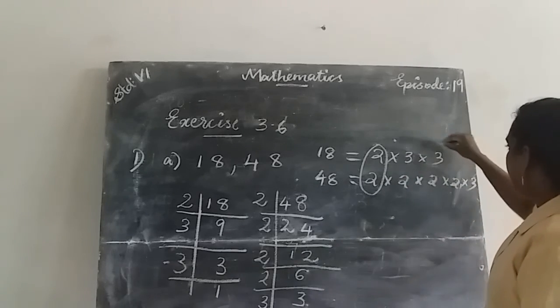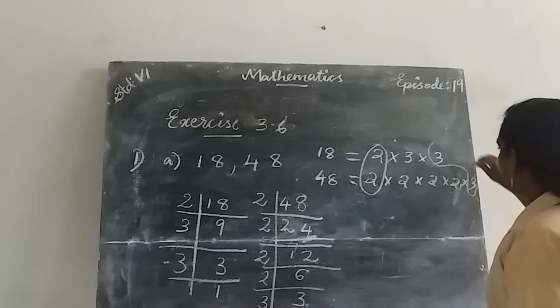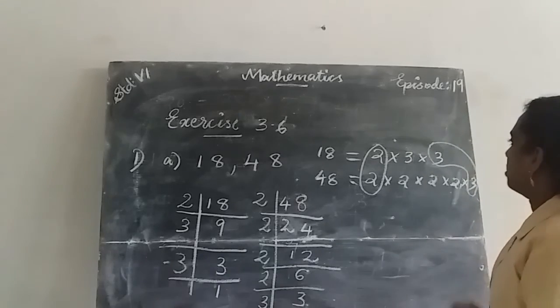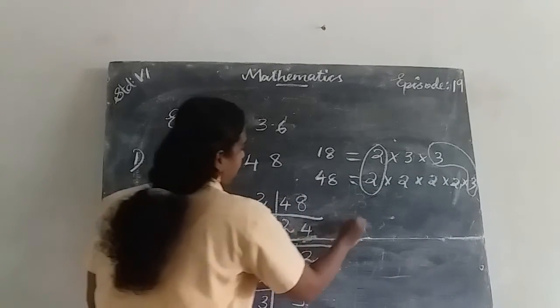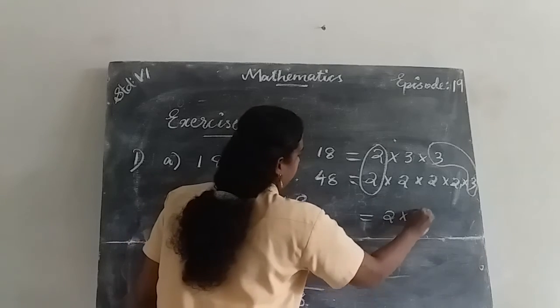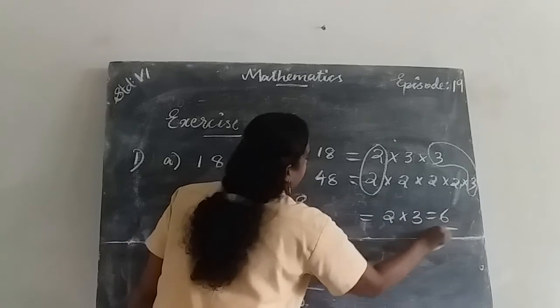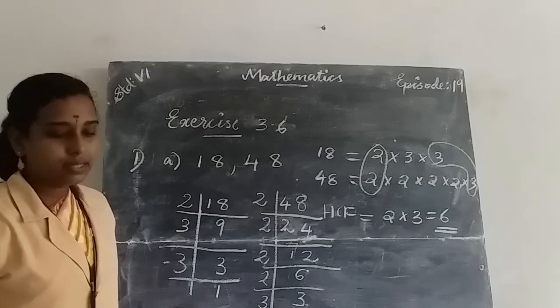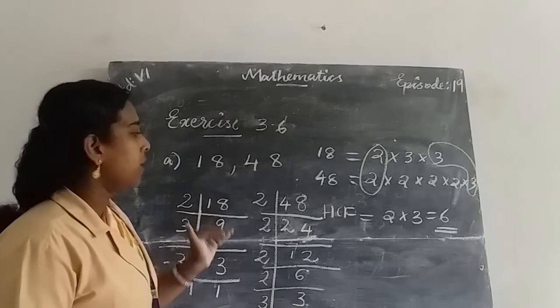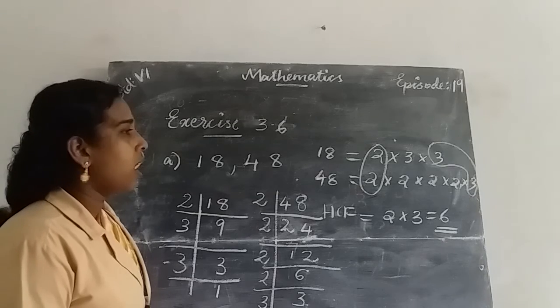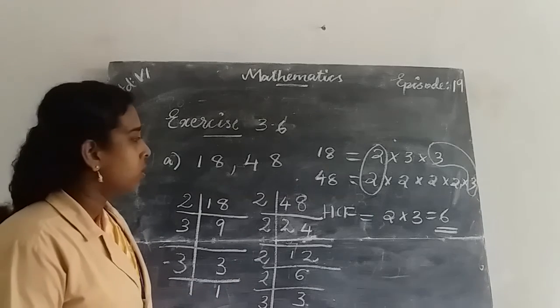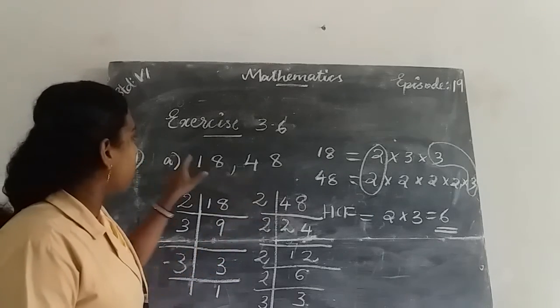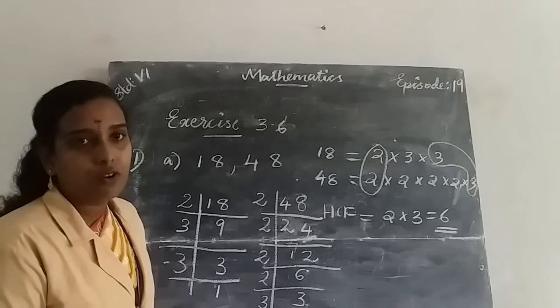Then here 3 is common. So we take the factors 2 and 3, and we get 6. So we can say that HCF is equal to 6. 6 is the highest common factor of 18 and 48.